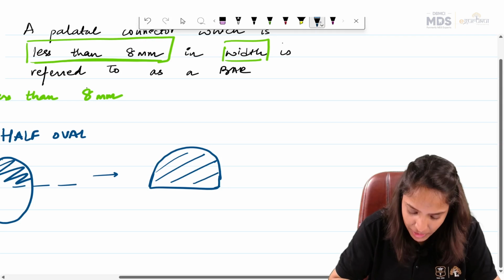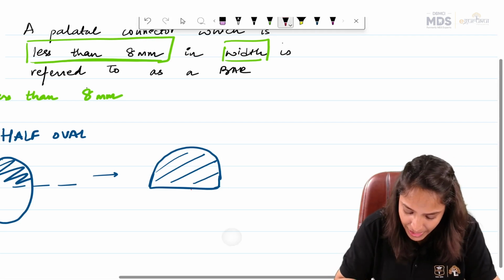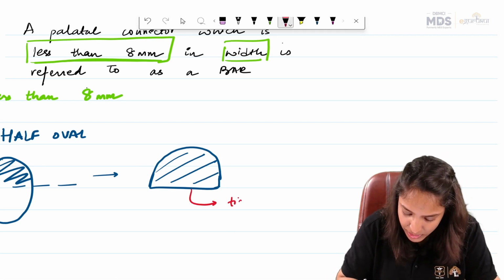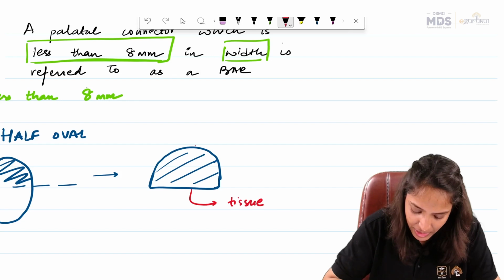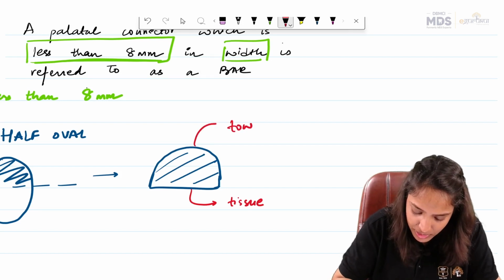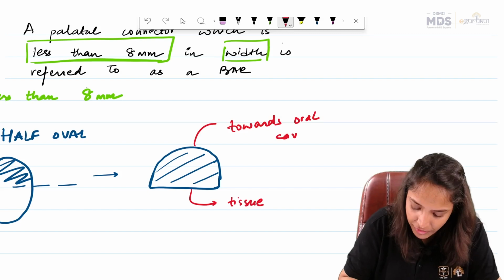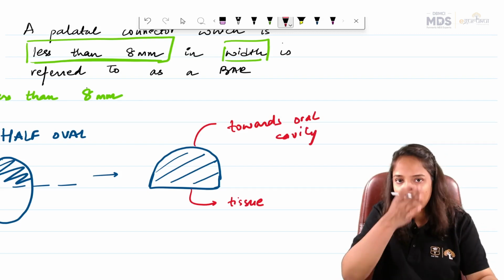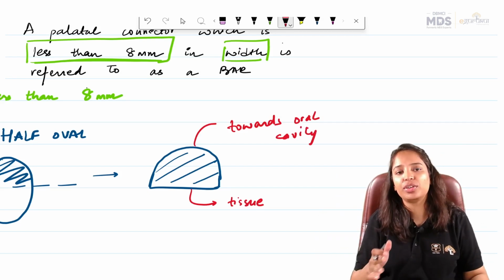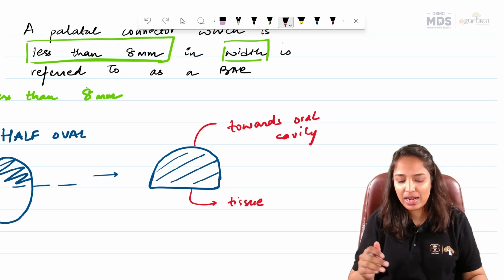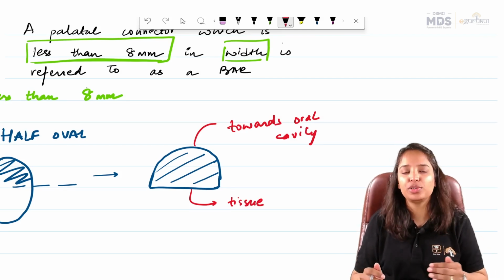Now in this half oval, the flat part is towards the tissue and the rounded part is towards the oral cavity. The flatter part is adapted along the palate or your tissue part, and the rounded part will be towards your oral cavity.